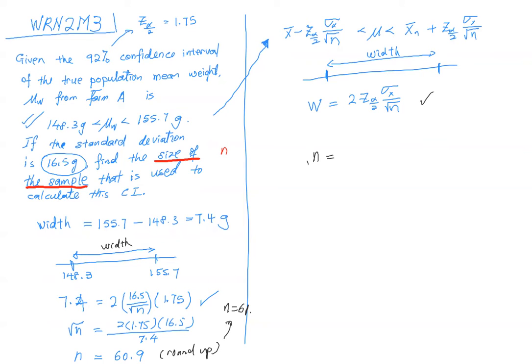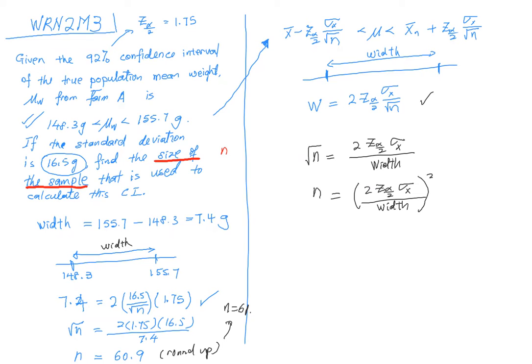So I will have square root of n is equal to 2 times z alpha over 2 times the standard deviation of the population divided by the width. I prefer to write it down as a width. So my n will be equal to 2 times the z score for the corresponding confidence level, times the standard deviation of the population, divided by the width, the whole thing squared.